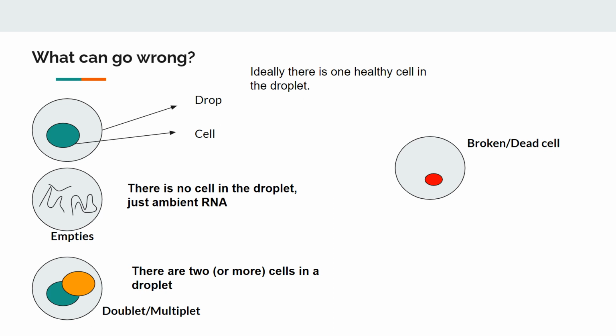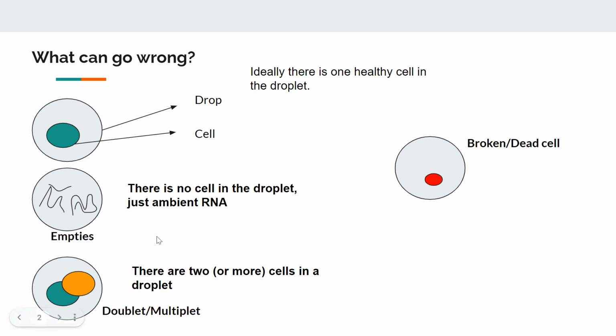So it does not belong inside a cell anymore; the cell is broken and all the RNA got out. Such free RNA can be captured in the drop. So this is an issue: instead of a cell, you get empties, or ambient RNA. Generally we call them empty droplets.